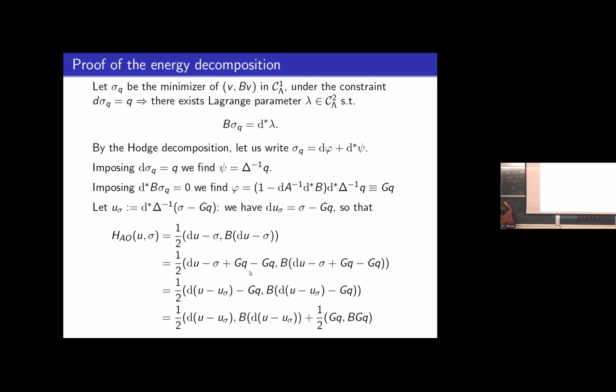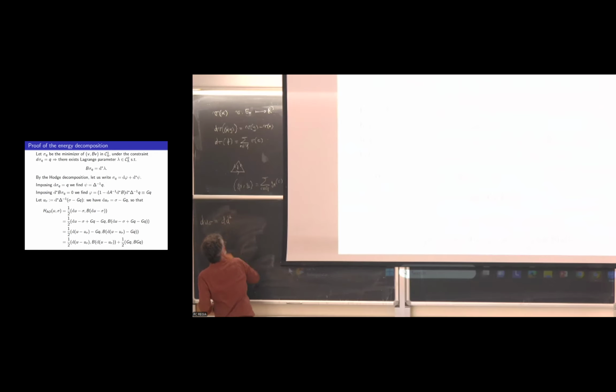So d u sigma is d d star Laplacian minus 1 sigma minus GQ, where this GQ was sigma Q. Remember that the Laplacian was d d star plus d star d. So this d d star is nothing but the Laplacian minus d star d.